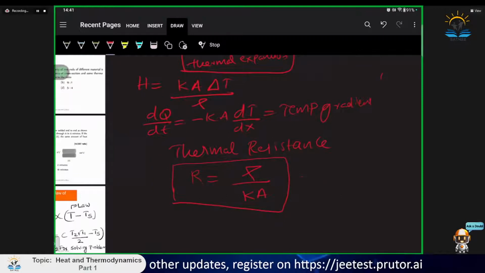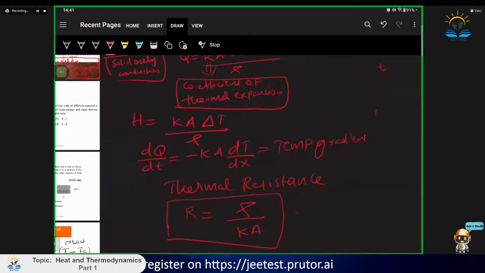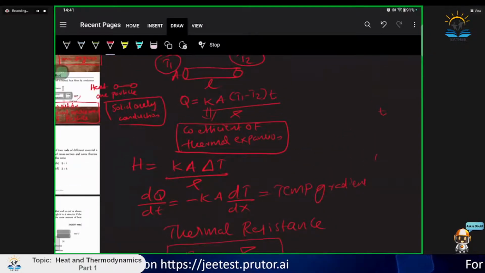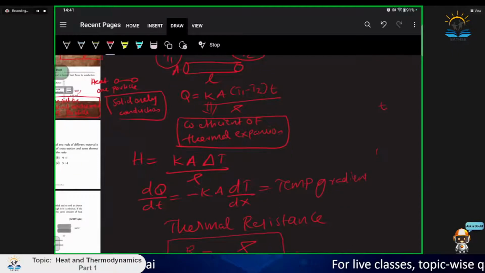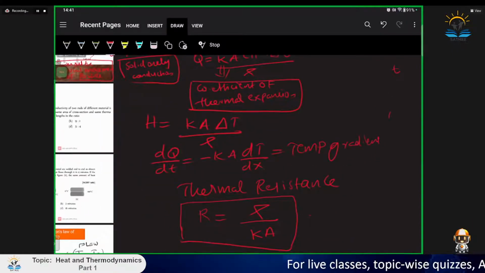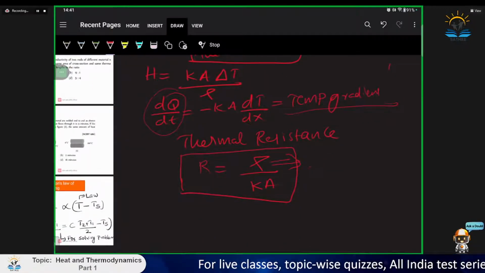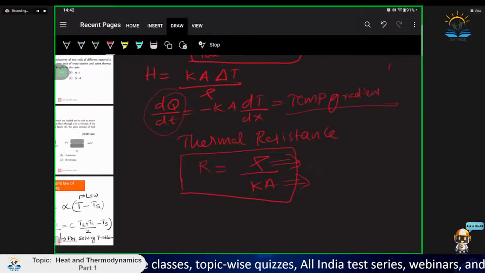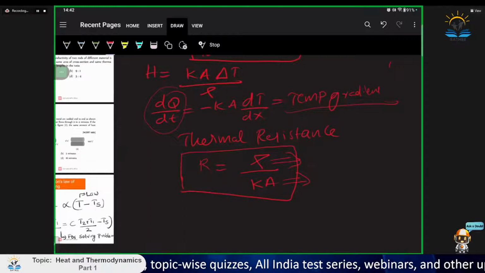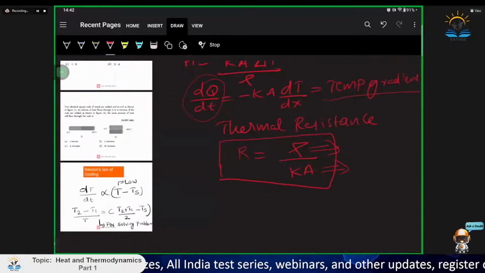Q is equal to K A (T1 minus T2) t by L. H is the heat current, that is K A delta T by L. And we write the heat current, the temperature gradient, and thermal resistance R equal to L by K A, where L is the length of the conducting body, A is the area of cross section, and K is the coefficient of thermal conductivity. I hope everyone is clear about this topic. We want to know these things very clearly.